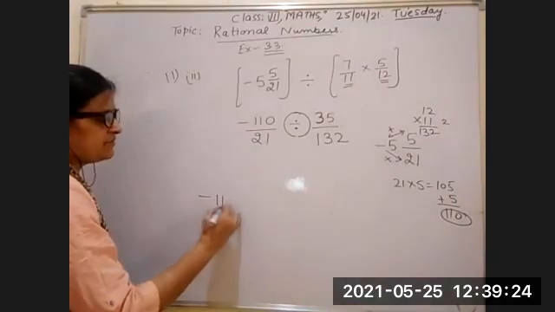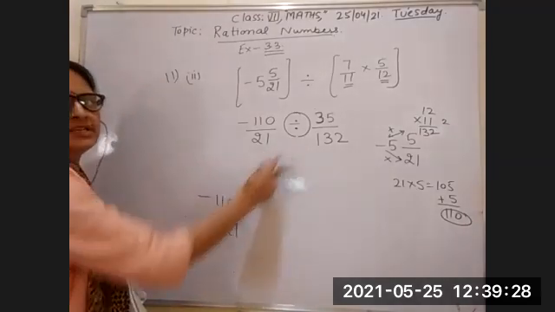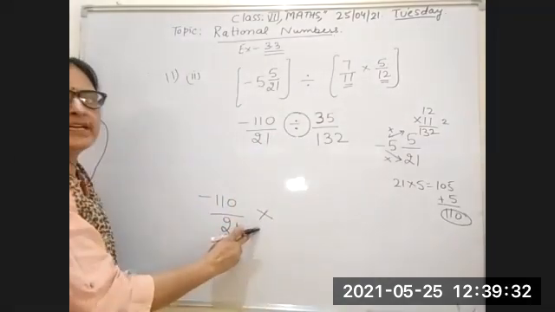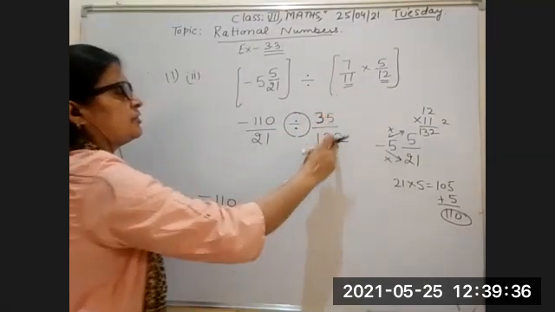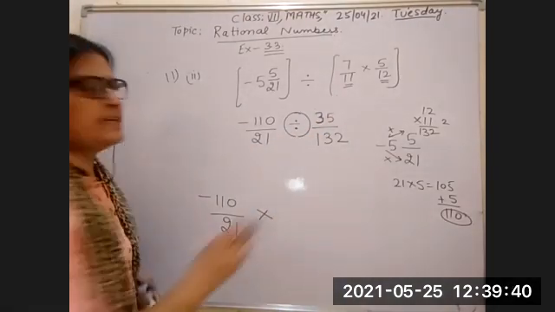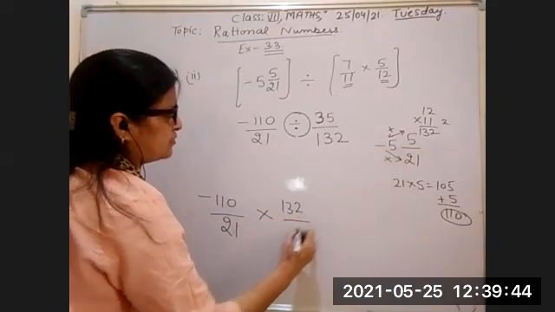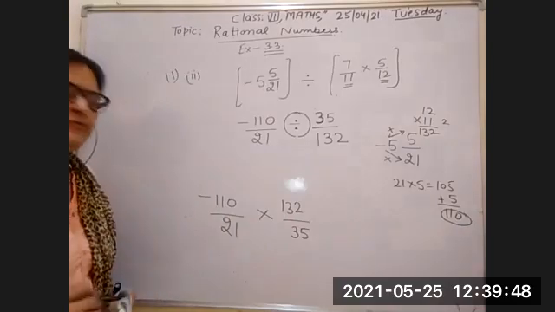So minus 110 upon 21. You have to convert divide into the multiply sign, and you have to take the reciprocal of 35 upon 132. When you take the reciprocal of 35 upon 132, it is equal to 132 upon 35.